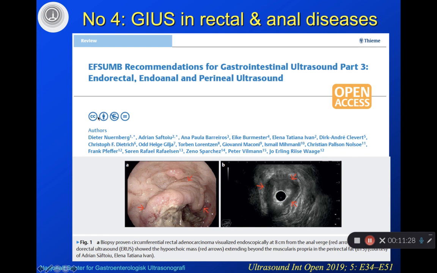Our guideline number 4 was about rectal and anal diseases. And in these patients, we often apply both perineal ultrasound externally, but also endoscopic approach through the anus. And this image shows a rectal tumor, and you can clearly in the ultrasound image see how the wall is thickened.